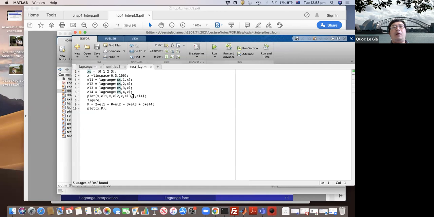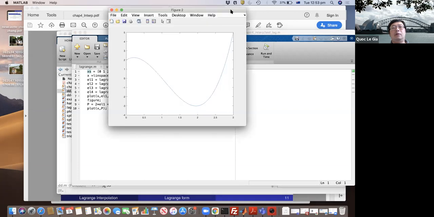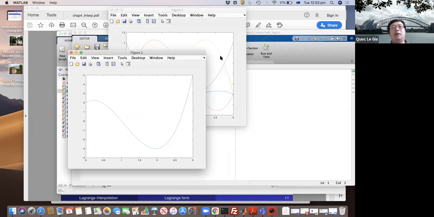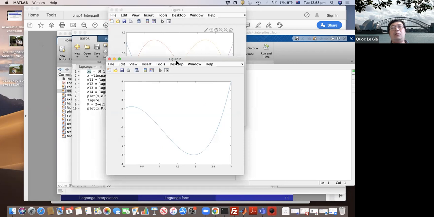And then I plot four curves, and then I plot P. P, remember, is the polynomial that runs through the data points. So I run it. You can see that the first picture gives me the four Lagrangian functions, L1 up to L4. And this one gives me the polynomial P.